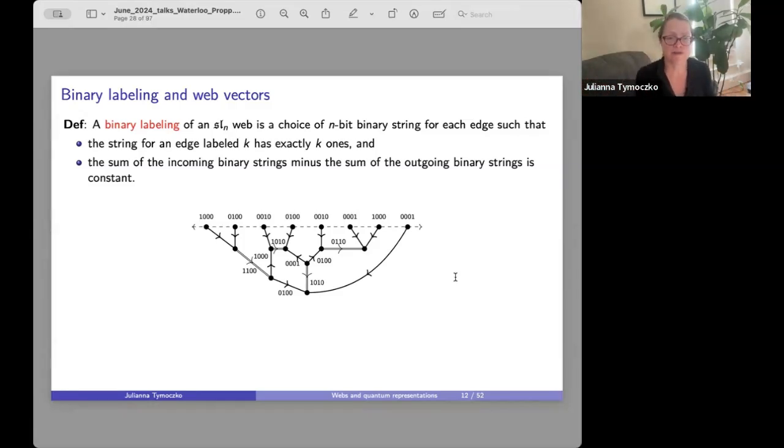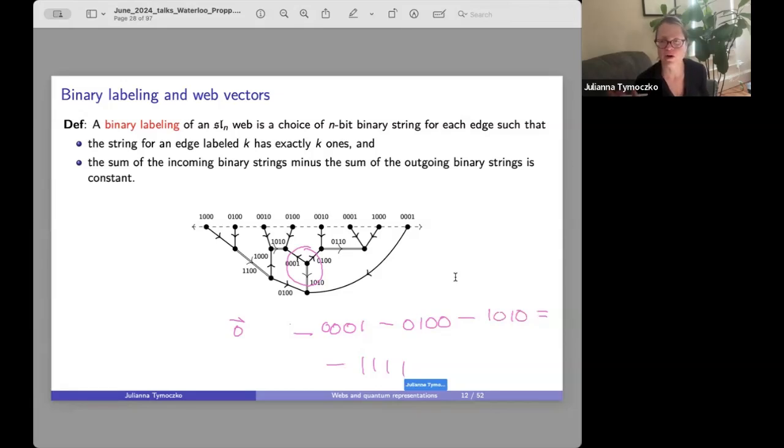Here's a nice example. Right here in the middle, I have nothing incoming, and outgoing I have 0001, 0100, and 1010.